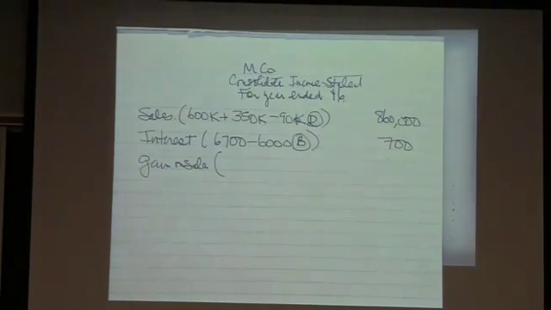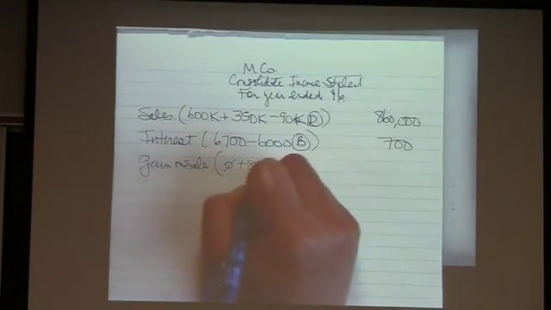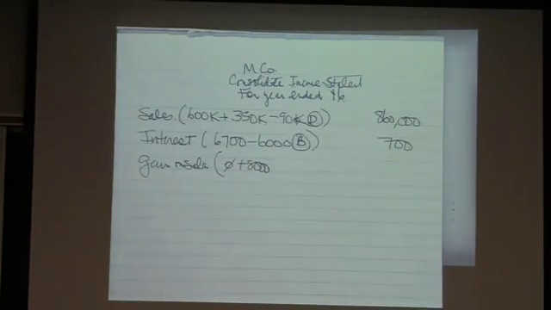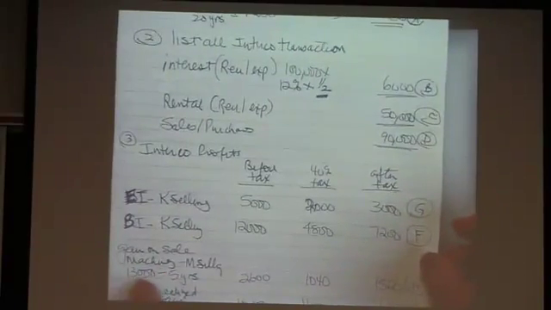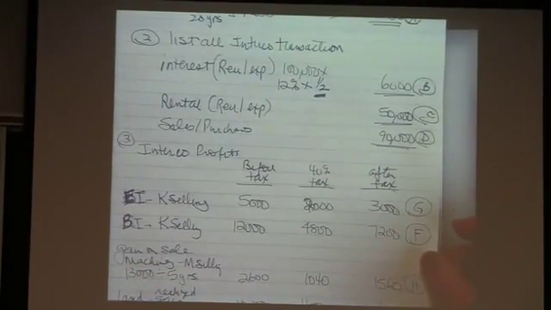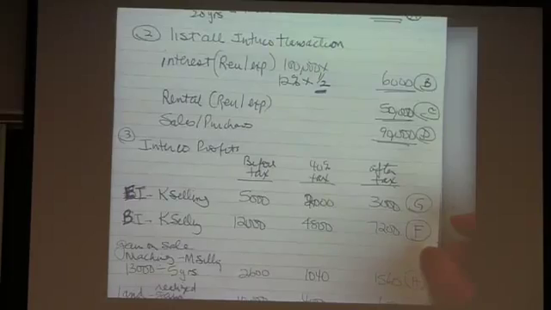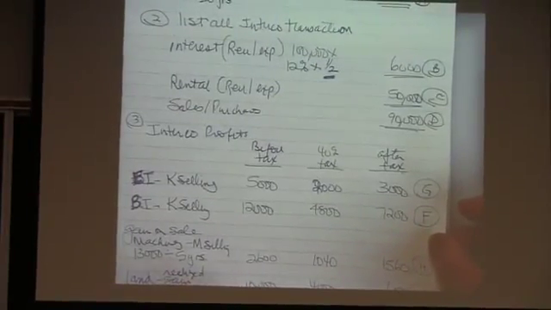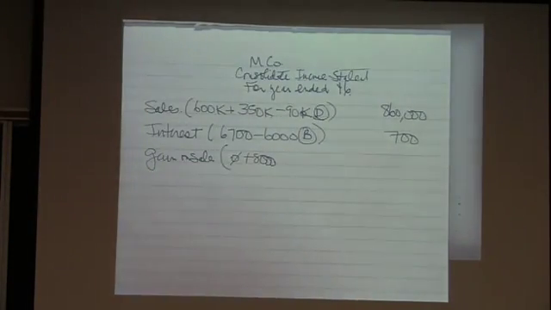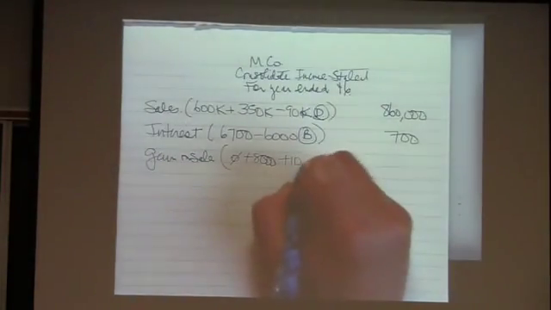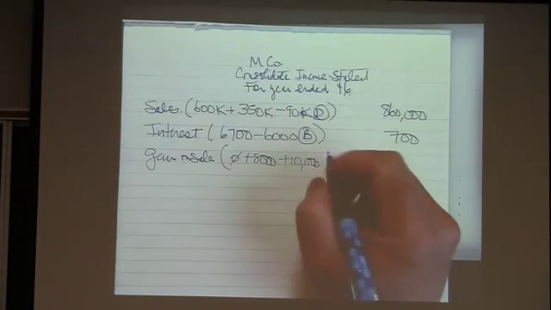Okay, so the gain on sale, it was 8,000. So 0 plus 8. Now, we're going to recognize the gain on sale of 10,000. So we're going to recognize that finally because we sold it. So I'm going to add a 10 in here. Label that as E.